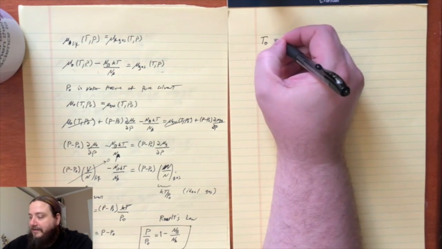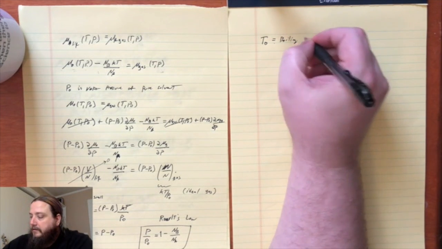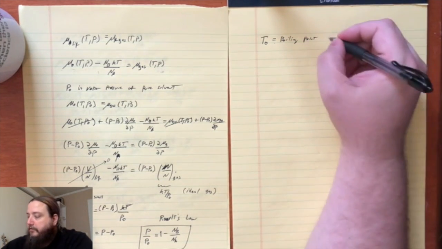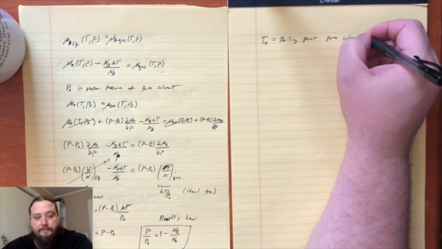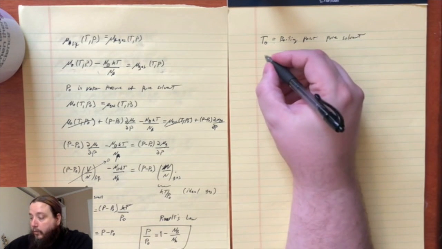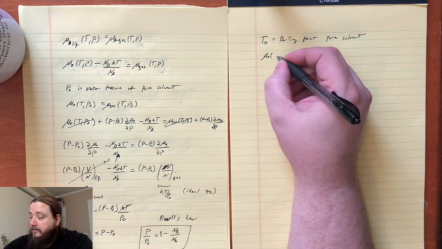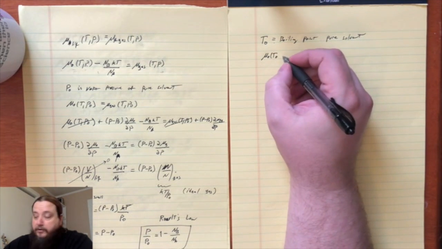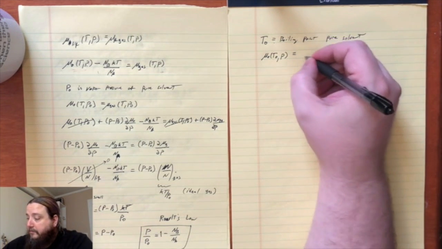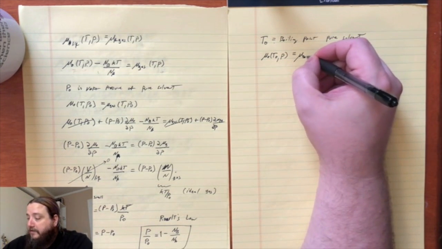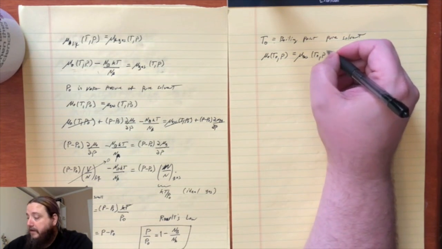We're going to say that T naught is the boiling point of our pure substance, of our pure solvent, which again says that the chemical potential of our pure solvent at T naught and whatever pressure we're at has to be the same as the chemical potential of our gas phase at that same temperature and pressure.